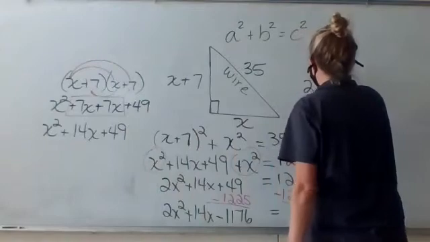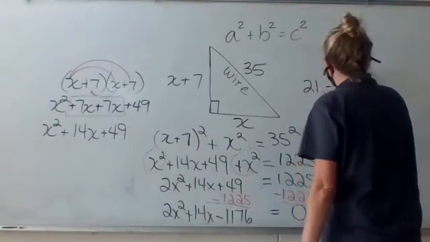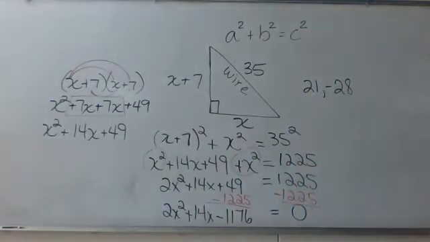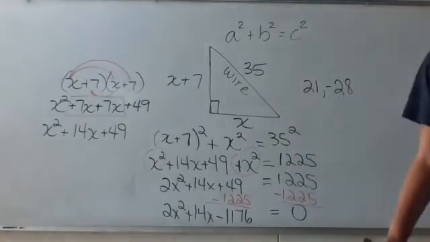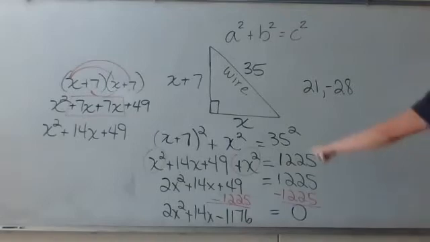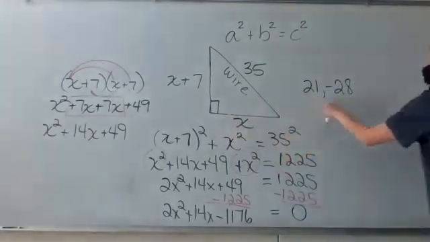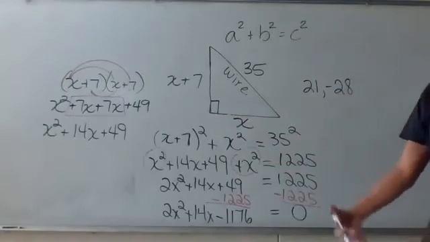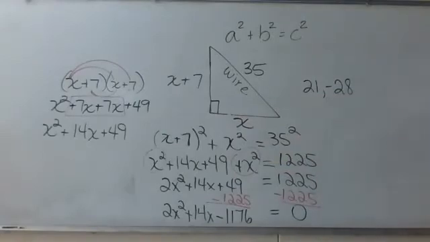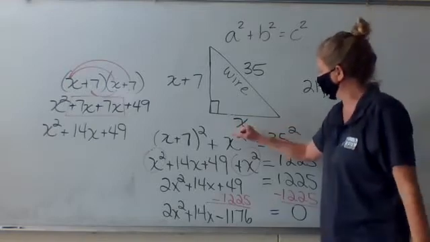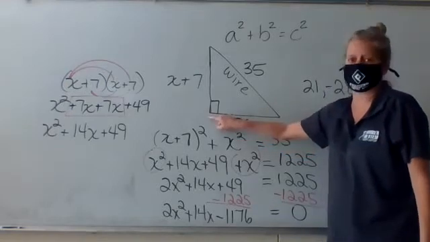I knew I was going to get 2 solutions because it's a quad problem, right? When you're solving for x squared, you get 2 answers. So I have to decide, remember, I'm trying to solve for x. Which one of these do I need to use? Only one of them makes sense. The way I'm going to figure out which one makes sense is to realize what x is representing.